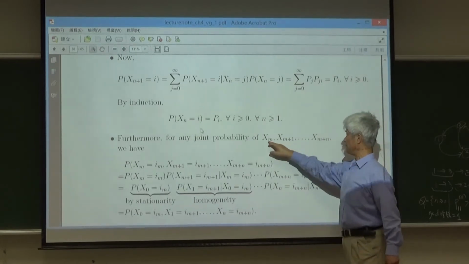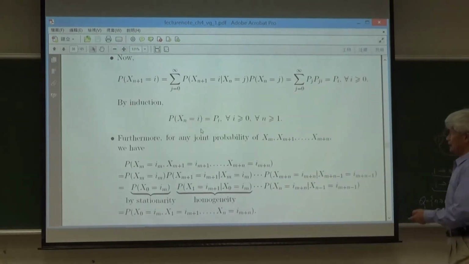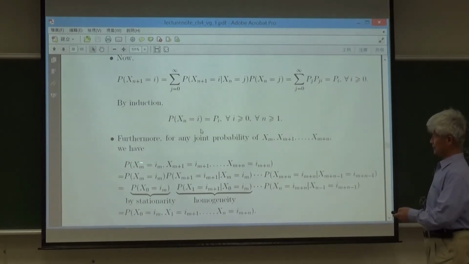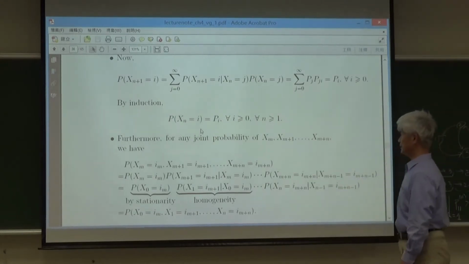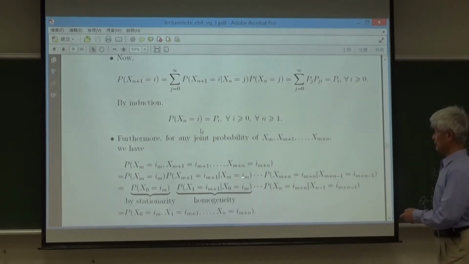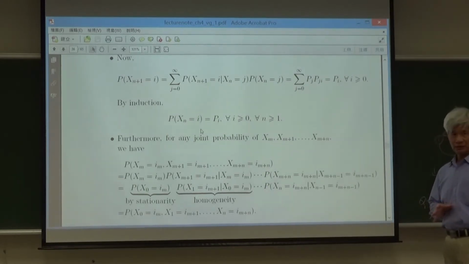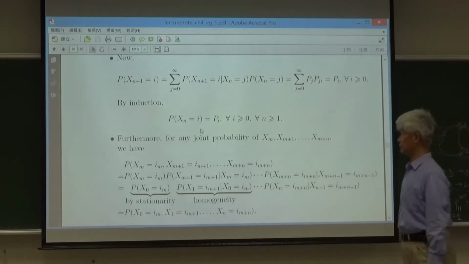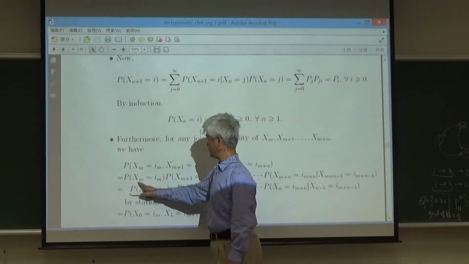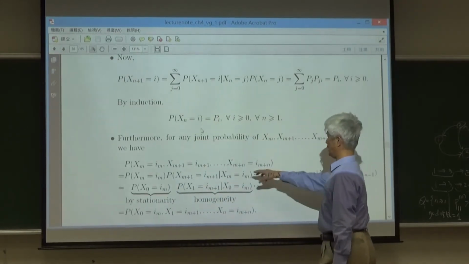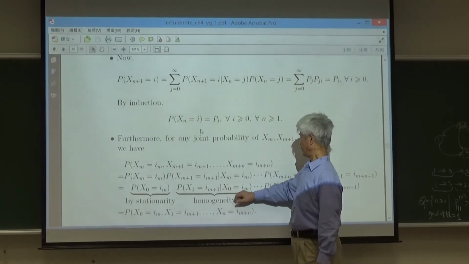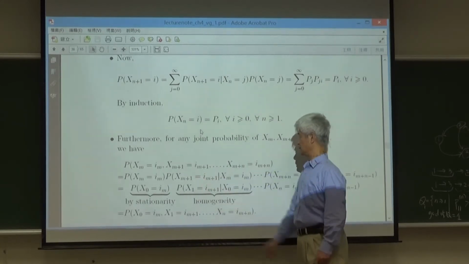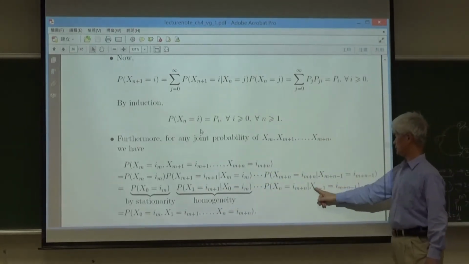So we want to know this distribution. We write down the joint distribution, and then by Bayes' rule and the Markov property, and because our Markov chain is time homogeneous, the transition probability comes to this one. So you have that.